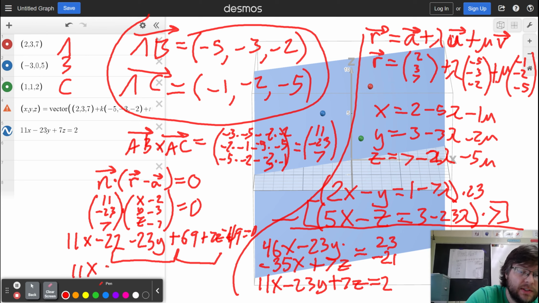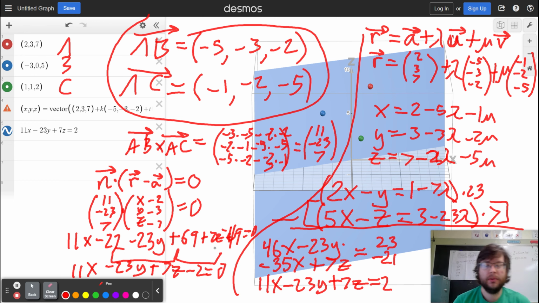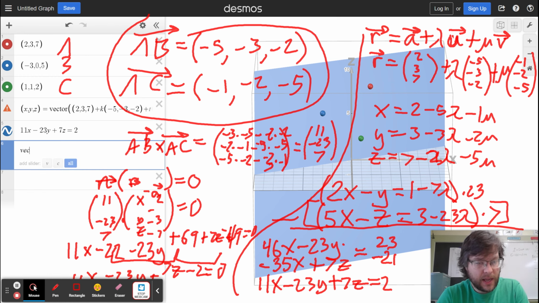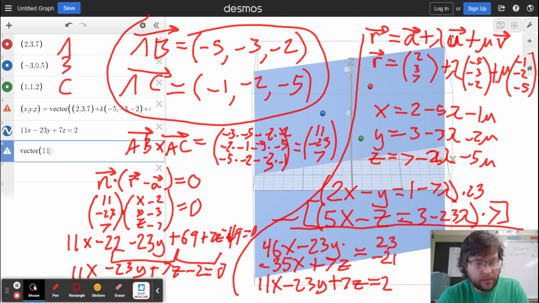So we have 11x minus 23y plus 7z minus 2 equals 0, which is equivalent to the other one. The other reason that I wanted to show this, though, is that the coefficients of the plane are the same as the normal vector.